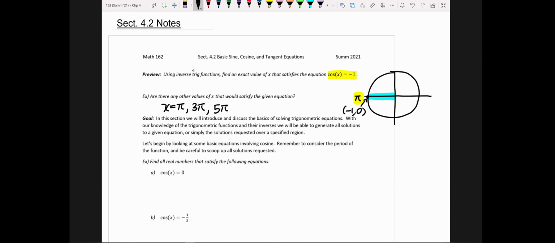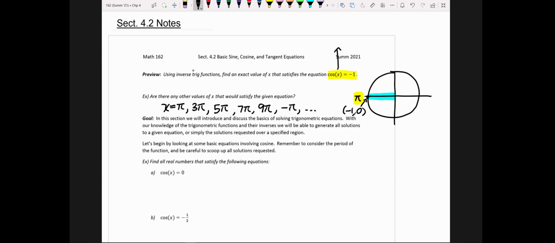So pi, 3 pi, 5 pi, 7 pi, 9 pi, and so forth. Can it be negative too, like negative pi? Yes. So negative pi would also be a solution, and there's many more.